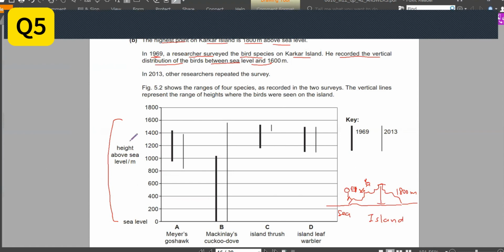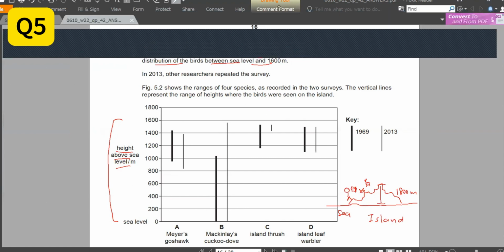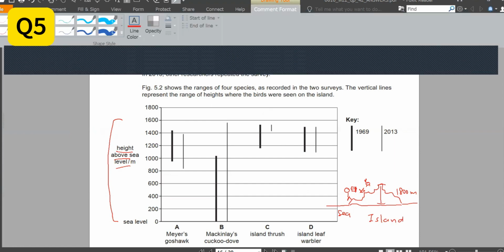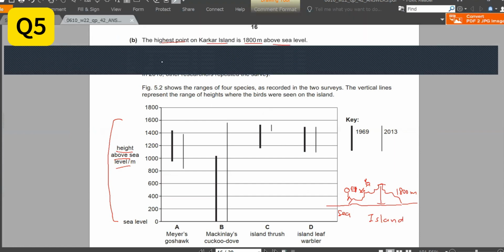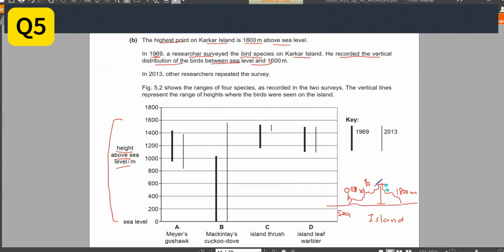Not all environments are suitable for the birds. Some of the birds may prefer to stay at a higher position of the island, some prefer a lower position, but some birds can be anywhere.